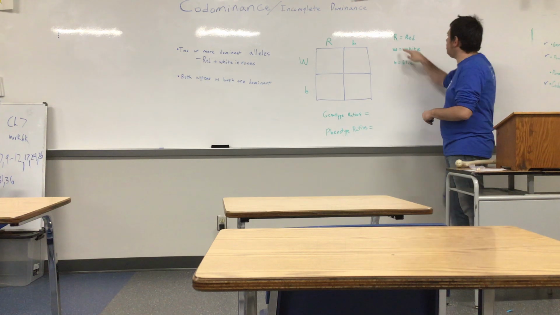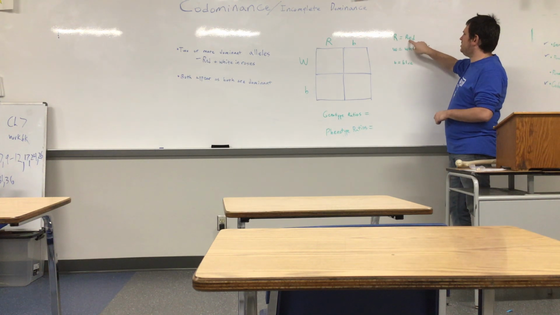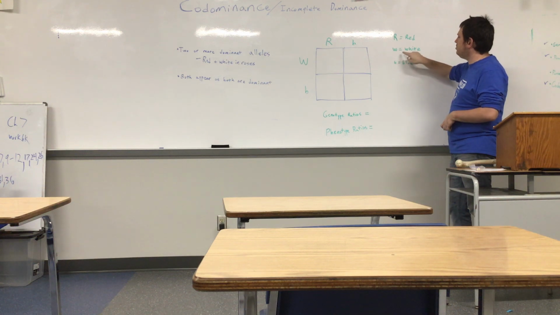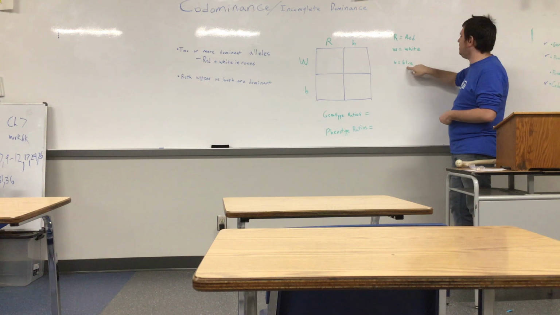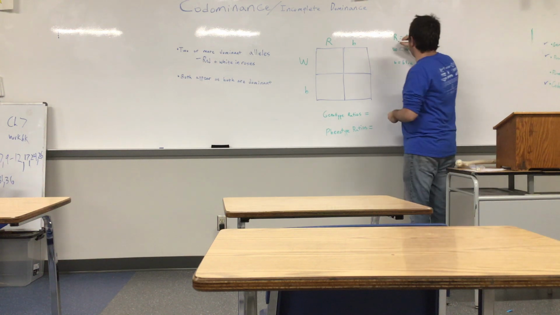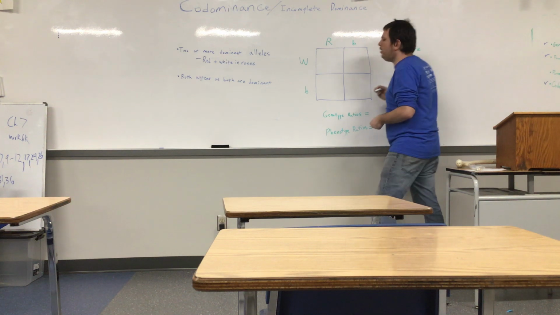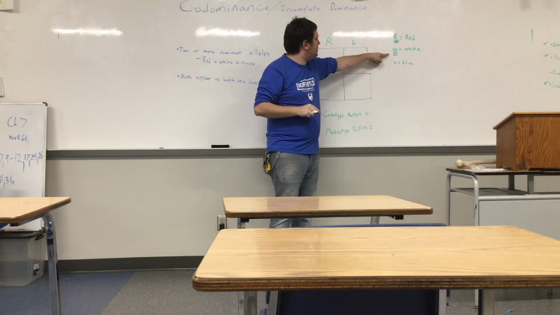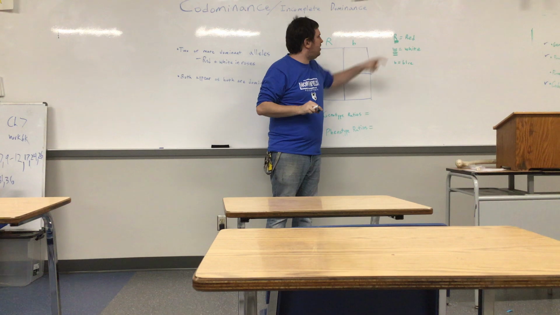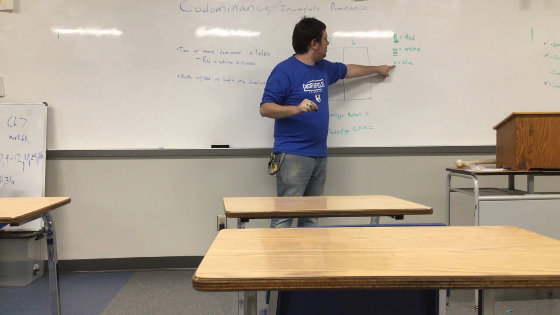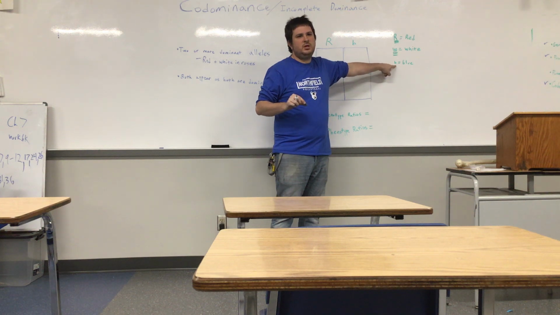Our alleles are capital R, which is red rose, capital W, which is white rose, and a lowercase b, which is blue. Like I said, both the red and the white are capital. Therefore, they are both dominant. Blue is not. Blue is lowercase.